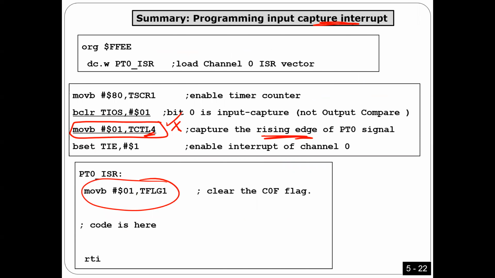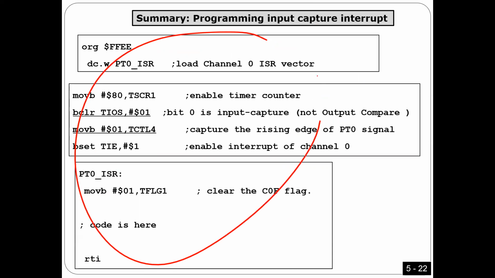Look here, guys. Number 1, I'm going to use the same program like this one, the same configuration. However, if I use this program, that means every time there is a rising edge, 2 things should happen. Number 1, an interrupt is triggered. Number 2, the time TCNT is going to be stored in TC, right?